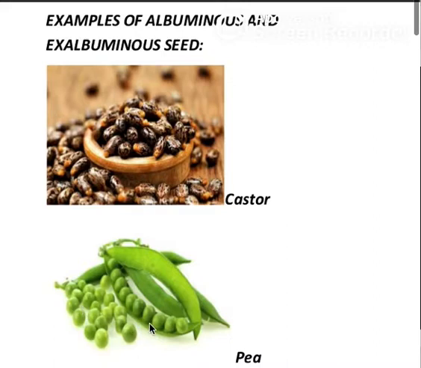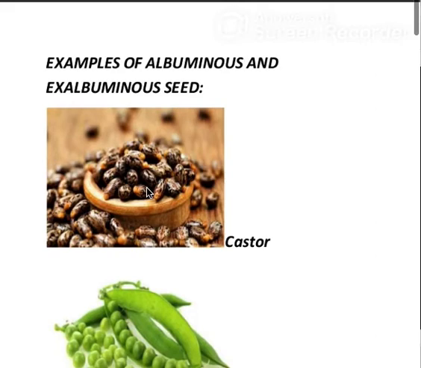In the pea plant, you will not find any more endosperm. But in the castor plant, the endosperm is still present along with the embryo, therefore it is called an albuminous seed.